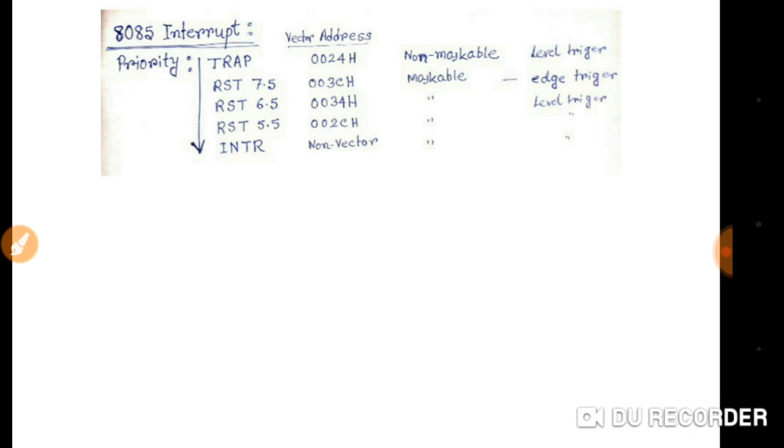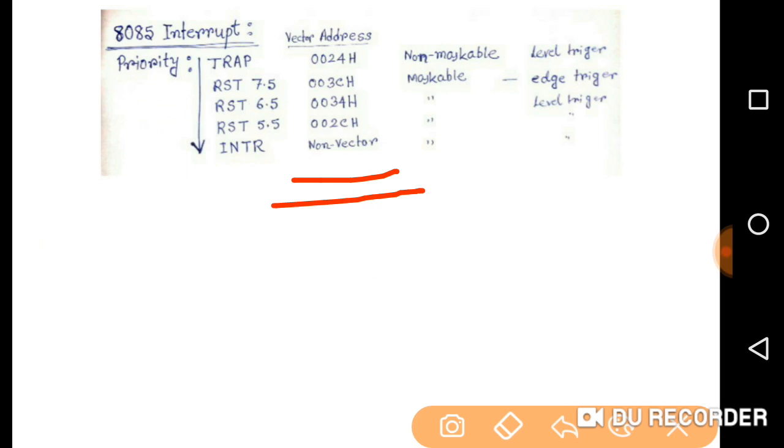The interrupts also may be vector interrupt as well as non-vector interrupt. Vector interrupt means this interrupt has a particular memory address.